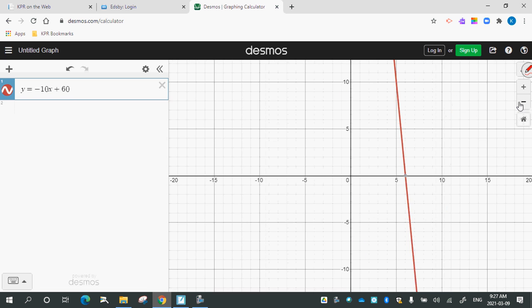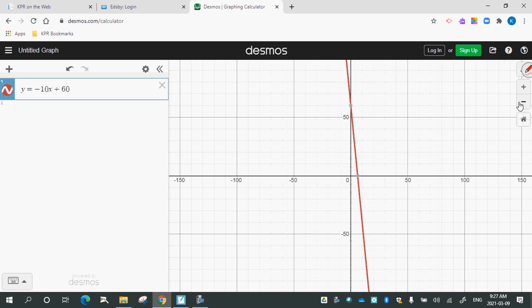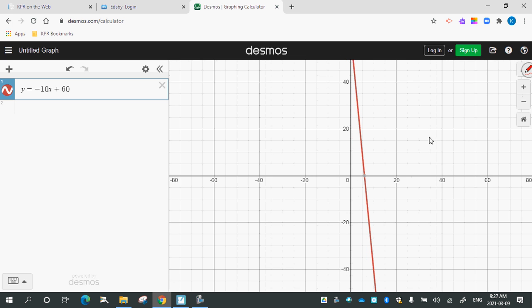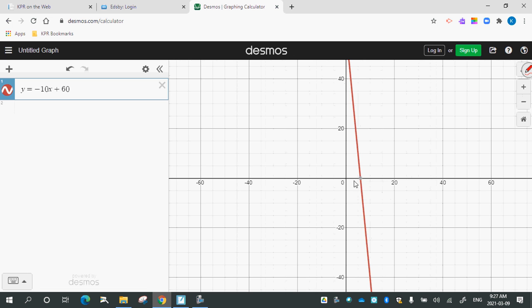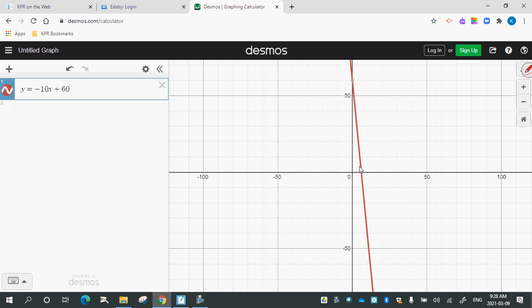And what points are we looking for? (2, 40). So we need to move it up a little bit here. So there's, this is 5, so 40, there's (2, 40) and (5, 10). (5, 10) is right there. And it's negative sloping, fairly steep. What was our intercept? 60. We got it.